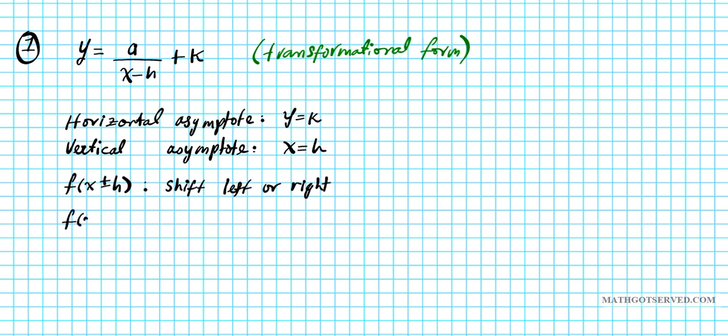If you have f of x plus or minus k, this is a shift vertically. You're going to shift up for plus k or down for minus k.